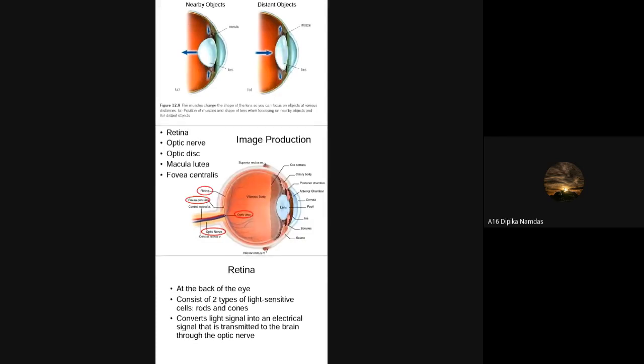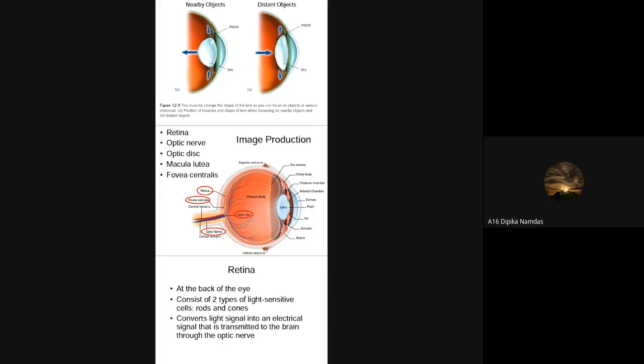So in order to visualize any object using our human eye, we require these three important parts to be working properly. Means if there is a small damage in the retina, we cannot observe an image properly.